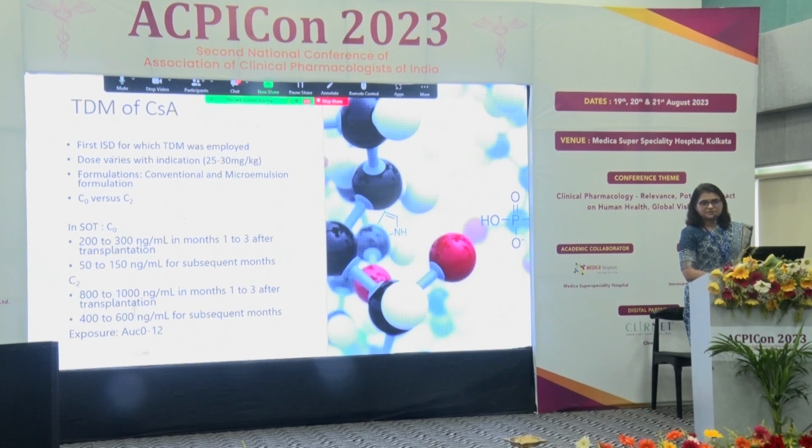But we all do C0s for cyclosporine. Some of the clinicians in my institute believe that C2 was a Novartis-floated concept for the microemulsion, with all due respect to the industry. So C2 was a Novartis invention, but at present everybody does C0.